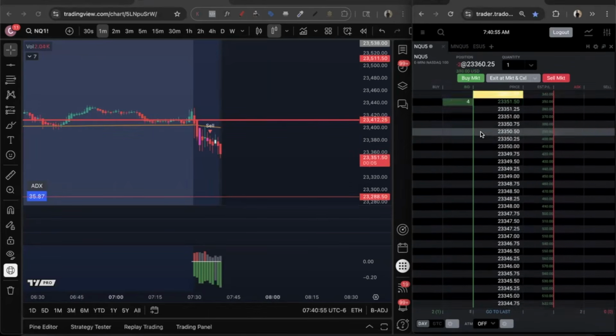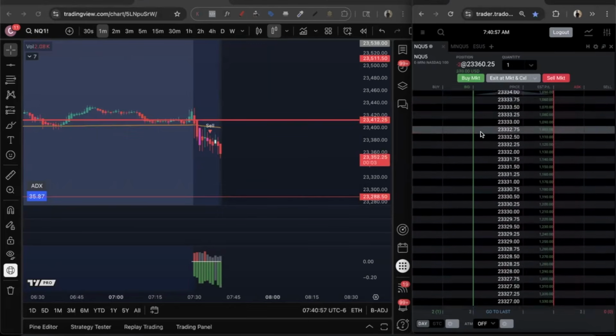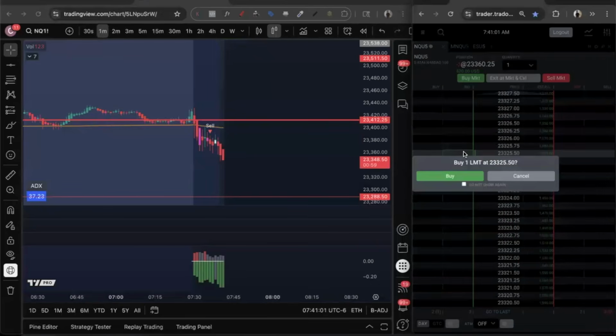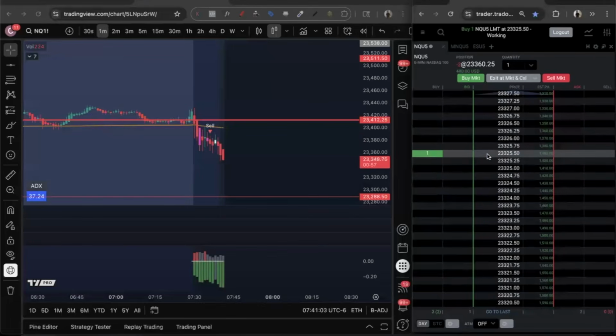I would love to see just like a flush down to 320 or something. Down to take a trim there. 325 maybe.